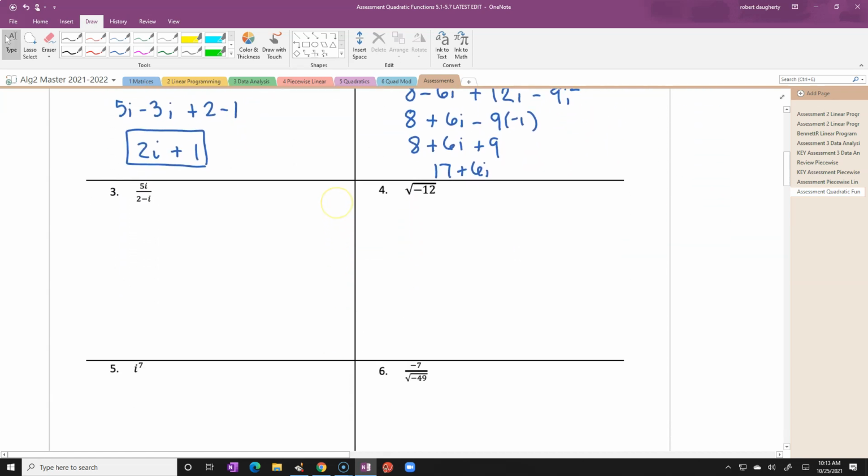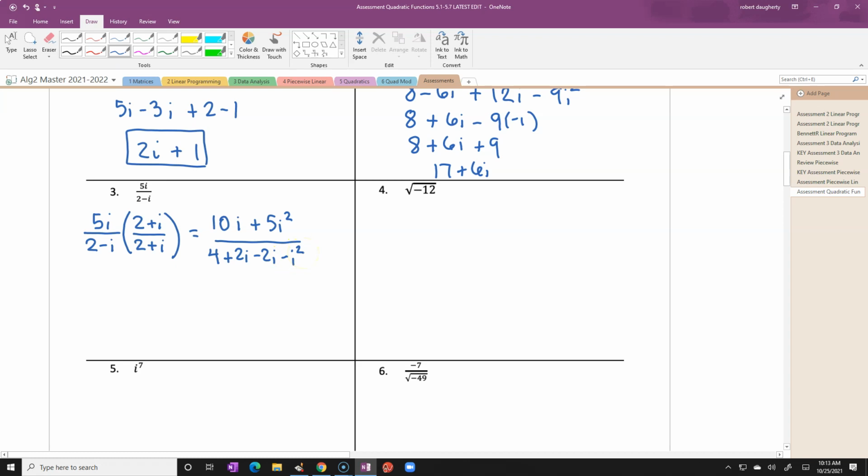And the next one, the way we do division is we have to multiply by the complex conjugate. So the conjugate of 2 minus i is 2 plus i. When you multiply on the top, you're going to get 10i plus 5i squared. On the bottom, when you FOIL this, you're going to get 4 plus 2i minus 2i, and then those last terms minus i squared.